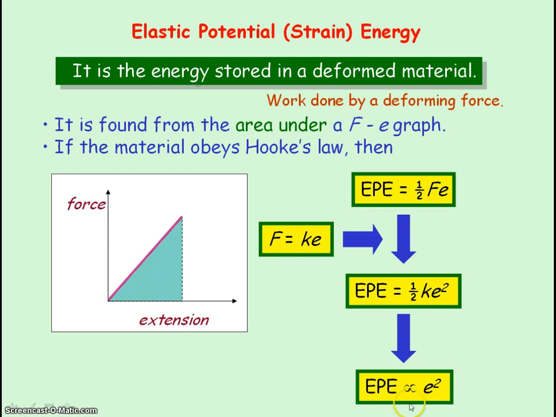What that means is, if we double the extension, so we have 2e, because of the extension squared term we're going to have 2 squared, that is 4 times the elastic potential energy. And if we have 3 times the extension, we'll have 3 squared, which is equal to 9 times the elastic potential energy.